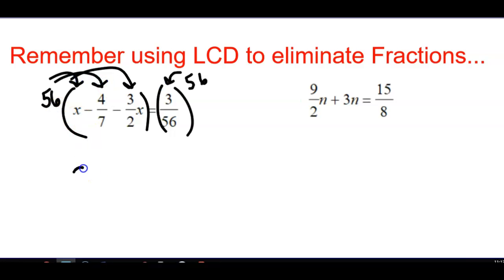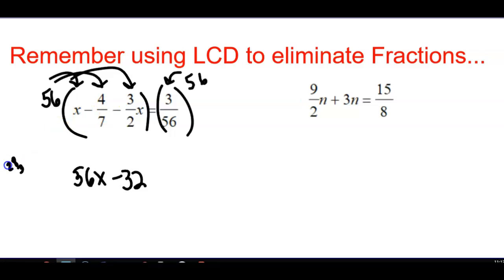So we did 56 times x minus 4. 56 times 4 divided by 7, which turned out to be 32. And then 56 times 3 divided by 2, which turned out to be 28 times 3.